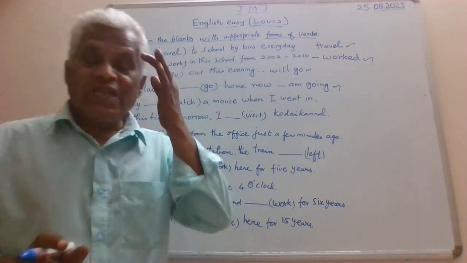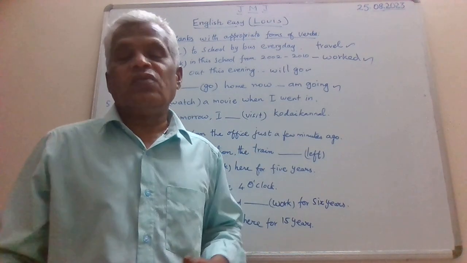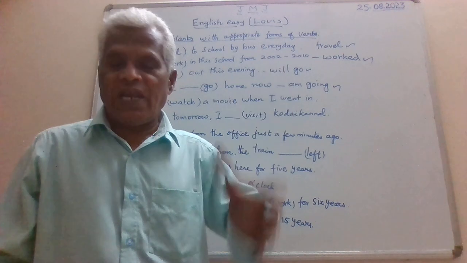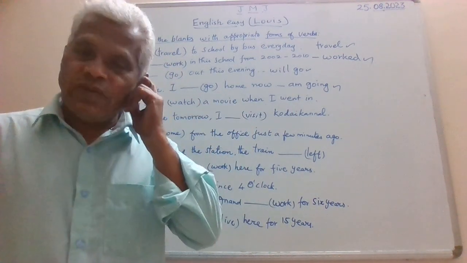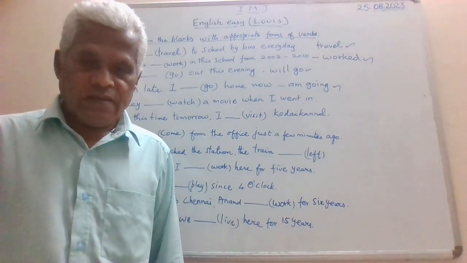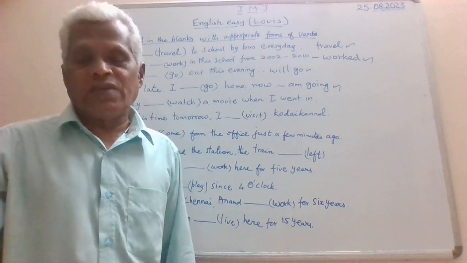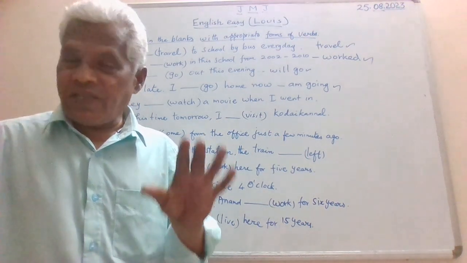So when an action was done and you are going to refer to another action or be part of another action, so the situations to which you are going to be part of it. And this is past continuous tense. So what are the situations here?